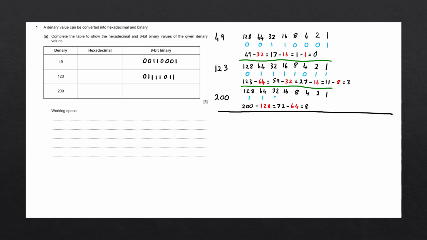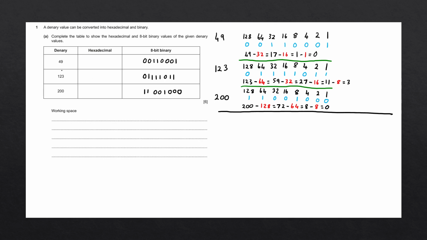Let's put a 0. 16 does not fit into 8. And 8 does fit into 8, so we can subtract that. And we're left with 0. We can then place a 1 underneath there and zeros under the rest of the numbers, as they do not fit into 0. Let's bring the number over. And there is our 8-bit binary column.